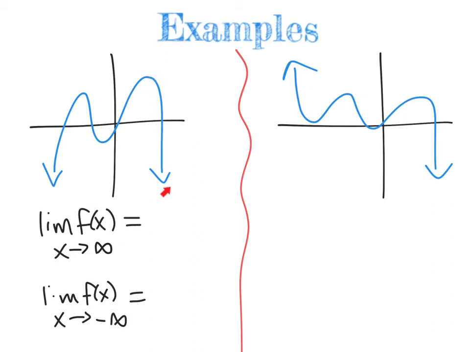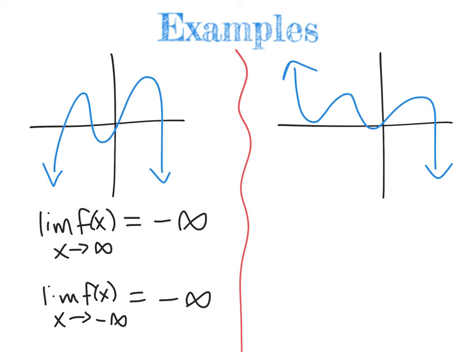It's pointing down towards negative infinity. So we're going to say negative infinity is my solution. What is the function doing as x goes to the left? On the left side, it's also pointing down towards negative infinity. Because both arrows are pointing down, both endpoints are pointing towards negative infinity.